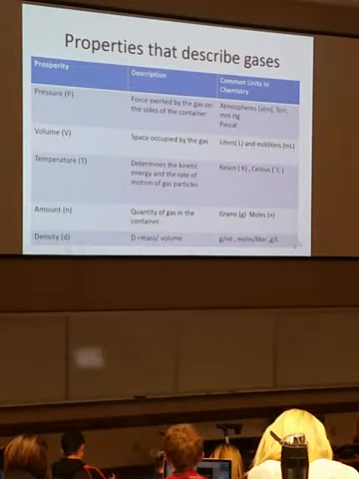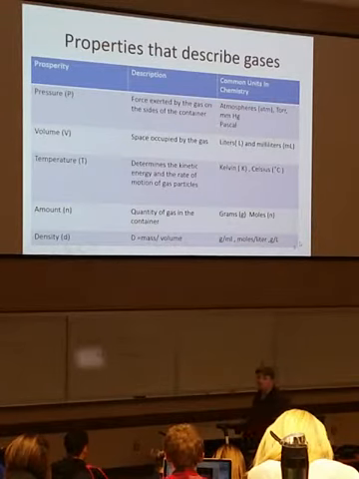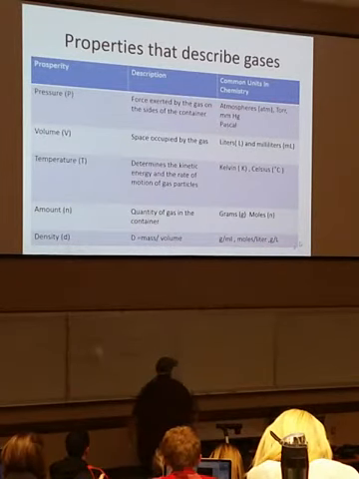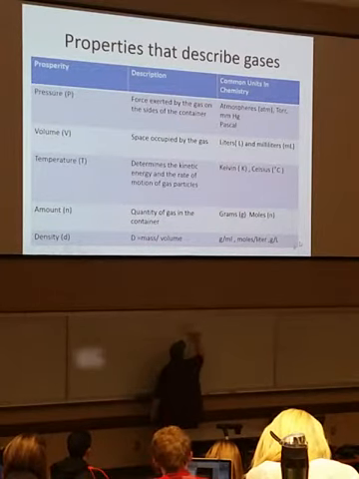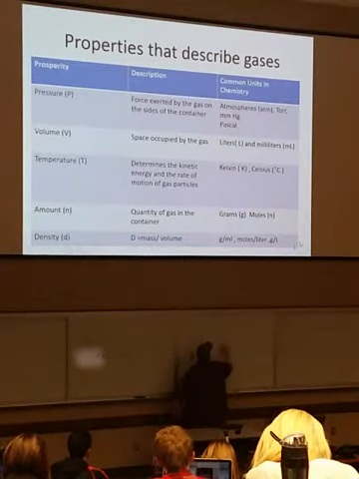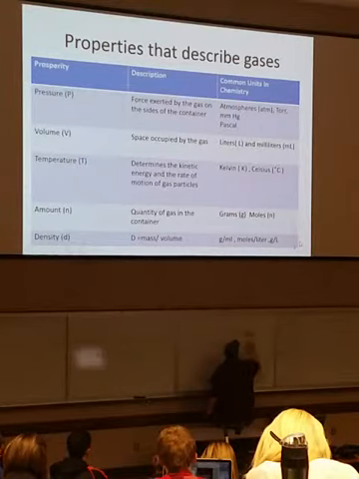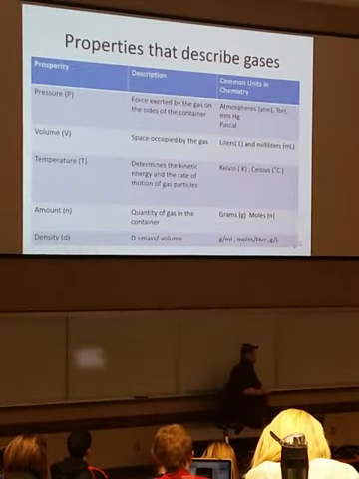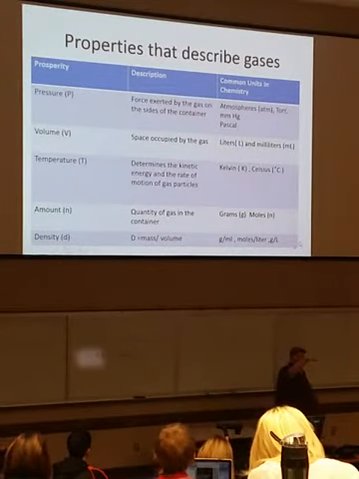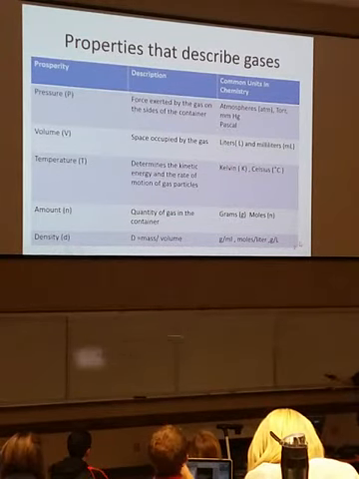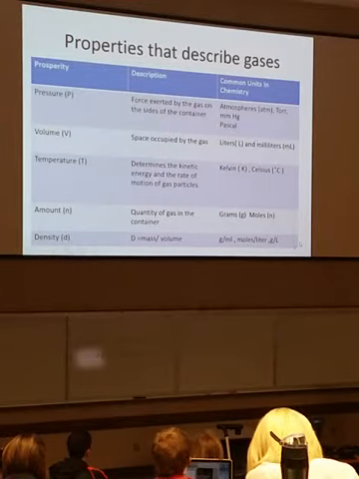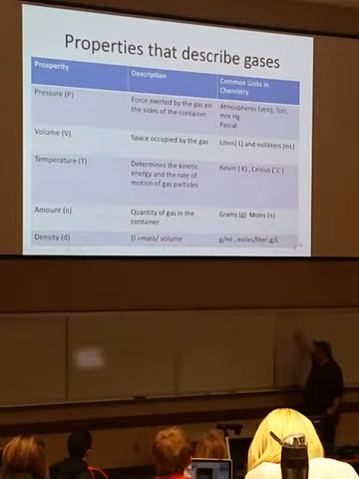Now you should know the conversion from Celsius to Kelvin. This is test 1 stuff. Celsius plus 273.15. Can you guys see that in the back? All right. Celsius plus 273.15 equals Kelvin.